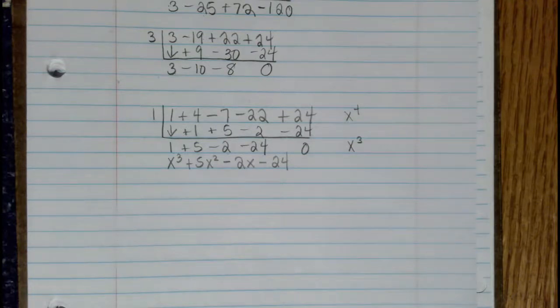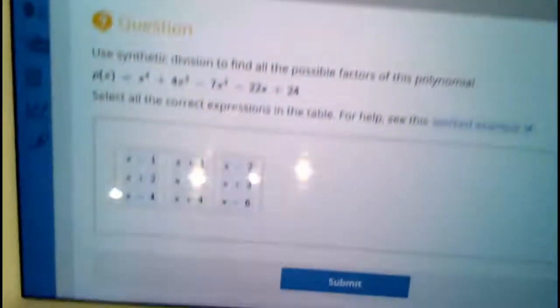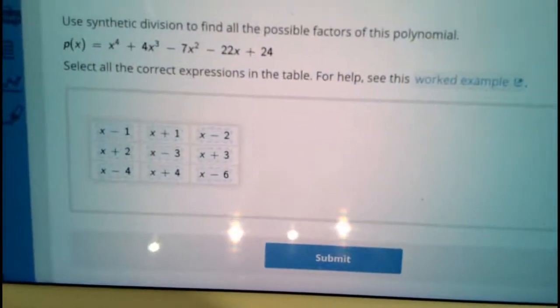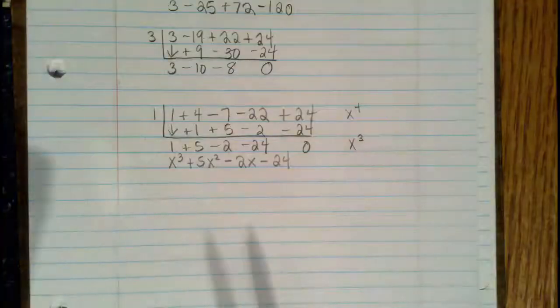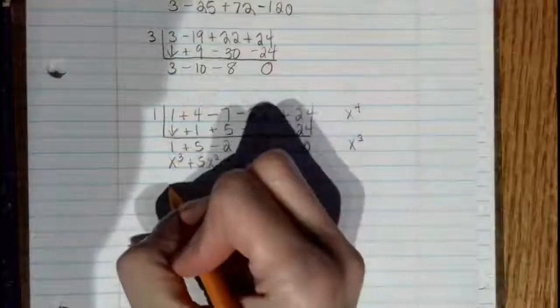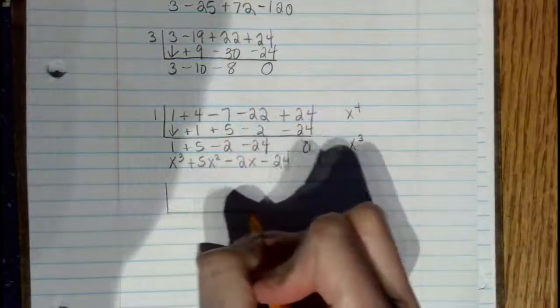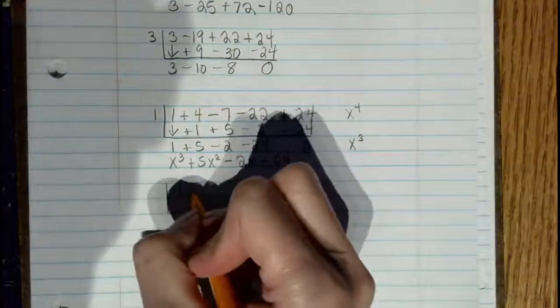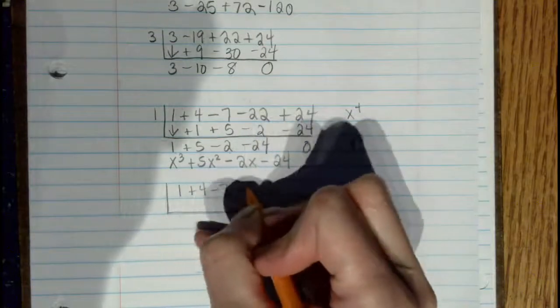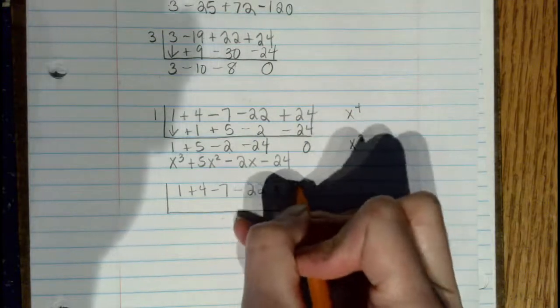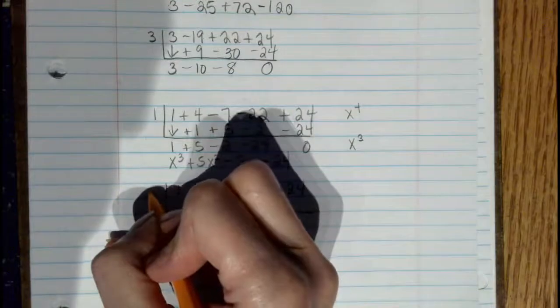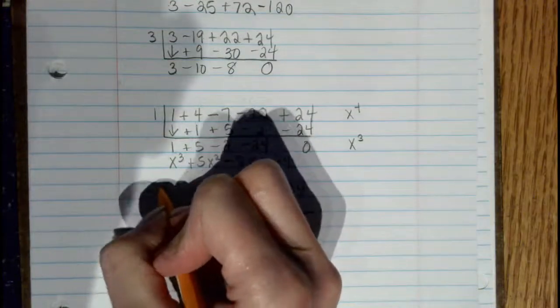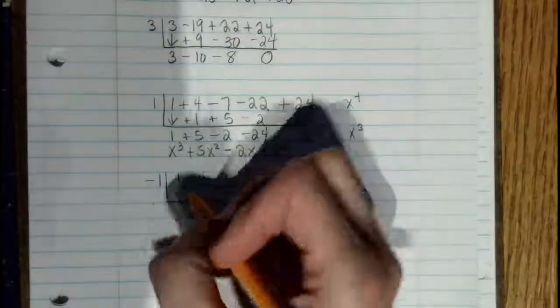So I'm going to try the next one, which was, I know it's fast here, x plus 1. I'm going to go back to the original problem, which is the 1 plus the 4 minus 7 minus 22 plus 24. And since we're dividing by x plus 1, I need to make that a -1 out there.